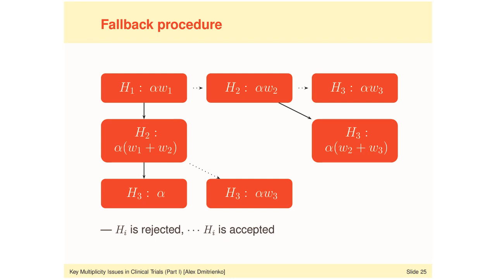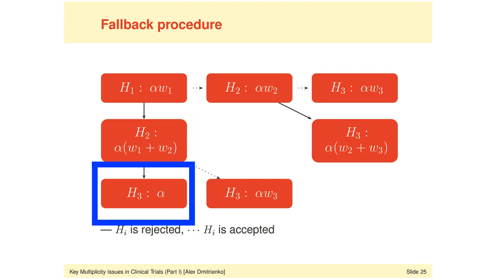And you can see here that the significance level for H2 is going to increase compared to H1 if H1 is rejected. And also there are 4 different options for H3. The significance level for the last hypothesis can be alpha, of course, if both H1 and H2 are rejected. This is the best case scenario. And the worst case scenario would be alpha times W3 when the first 2 hypotheses are not rejected, when they are accepted.